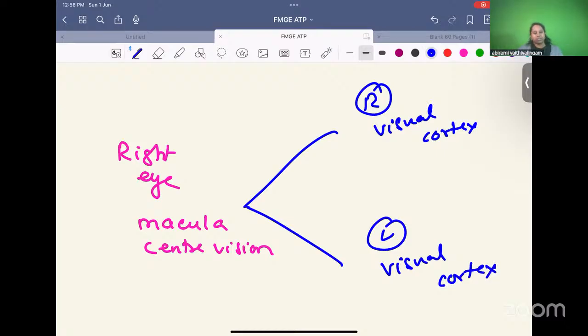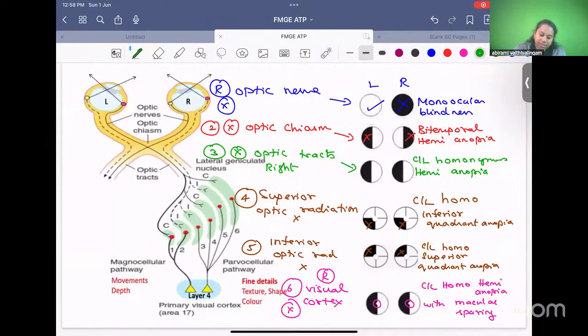Bilateral representation. So even if the right side visual cortex is damaged, the macula will escape because the left side visual cortex is going to save the macula. If the macula is saved, central vision will be saved. That's called central sparing.